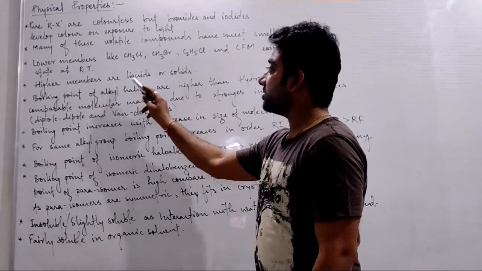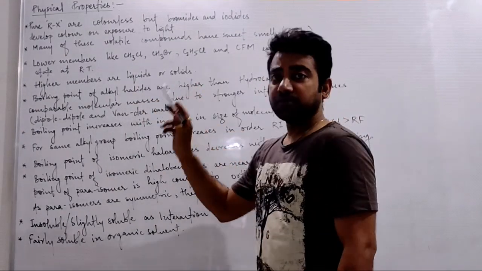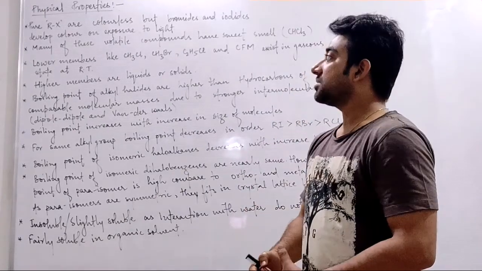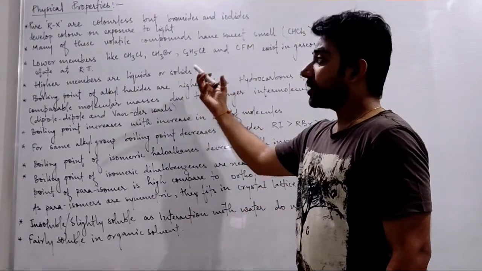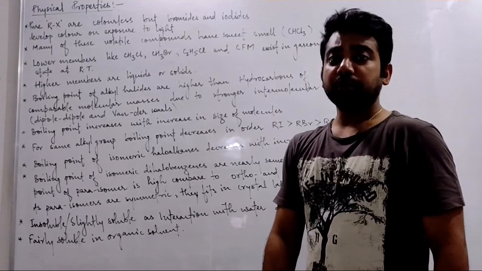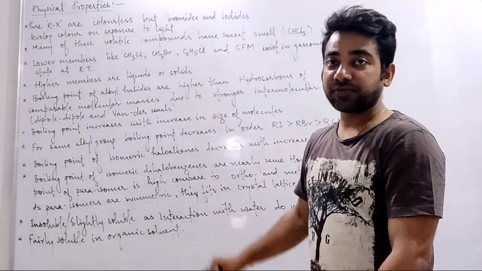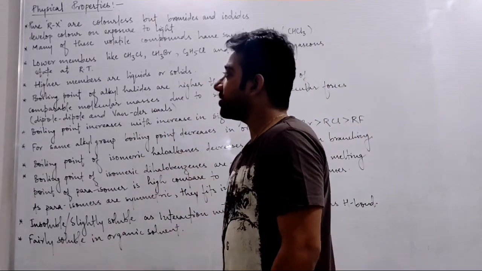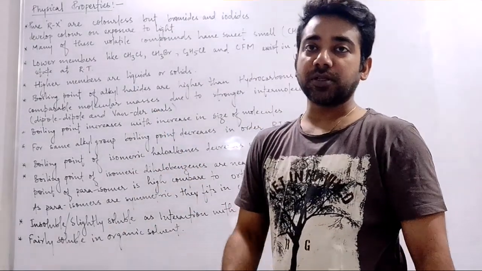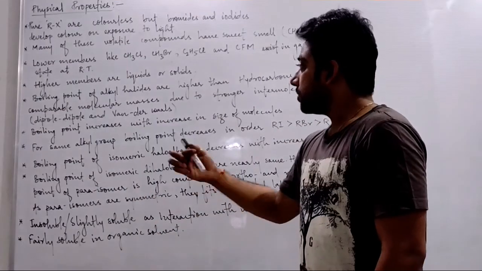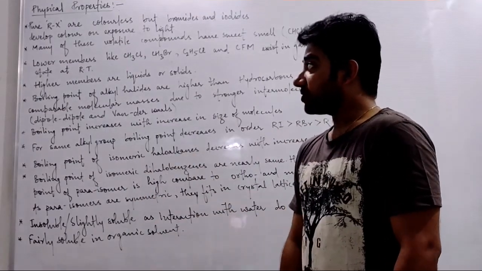While higher members will be in liquid state or in solid state. Lower members में तो weaker intermolecular forces होगा, boiling point इनका कम होगा, because of which at room temperature they exist in the gaseous form. Whereas higher members have stronger intermolecular forces, boiling points are higher, so will be in liquid or solid state.